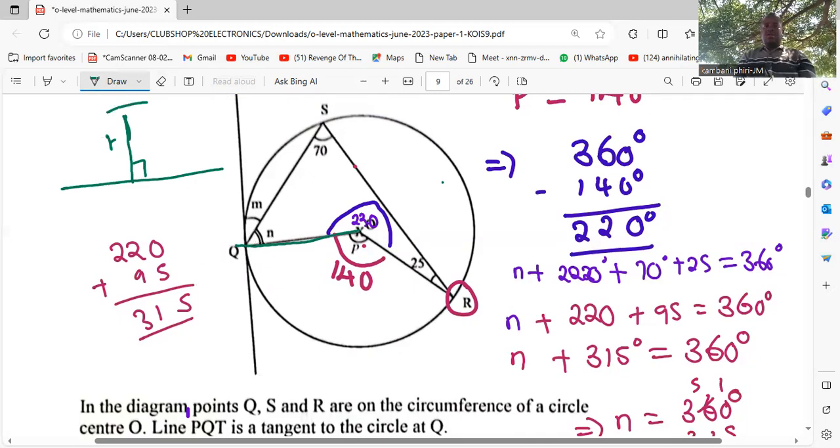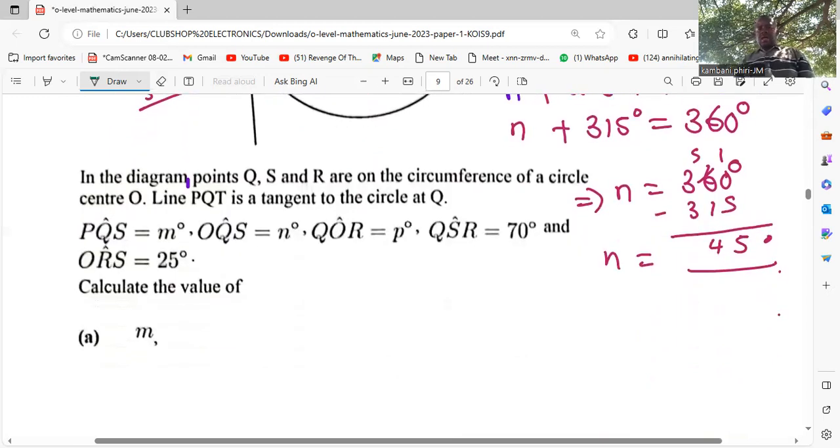So M plus N is equal to 90 degrees, but N is 45 degrees.